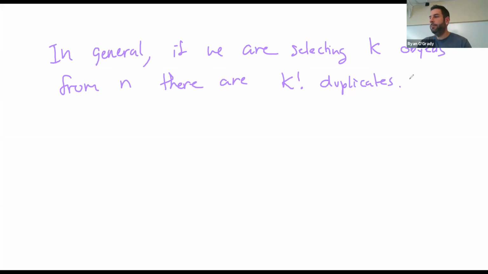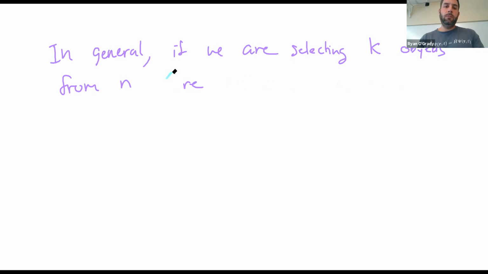Well, okay, I wrote that wrong. That doesn't make sense. Stop for a second. That was bad. I said that incorrectly. Because really, there weren't K factorial duplicates here. There weren't 2. How many duplicates did we have? We had 6, right?